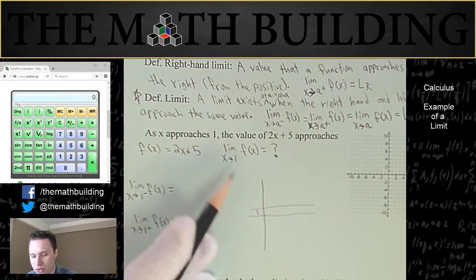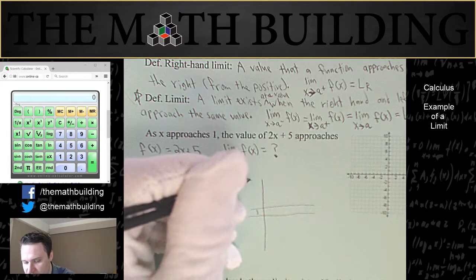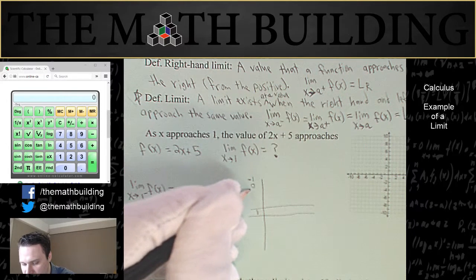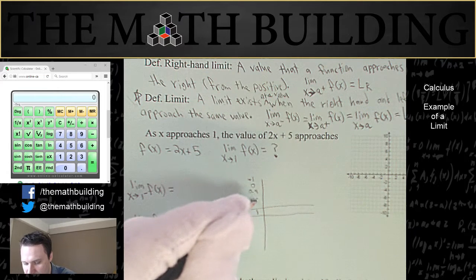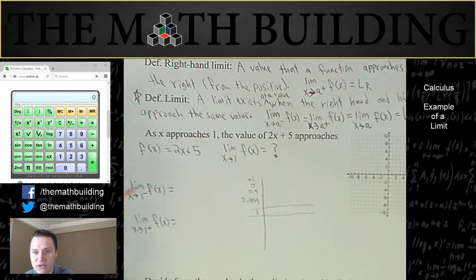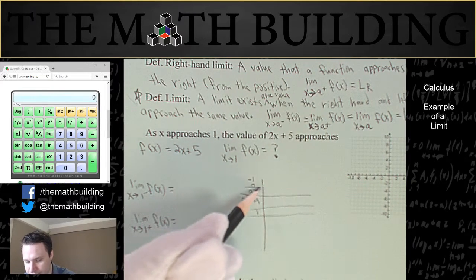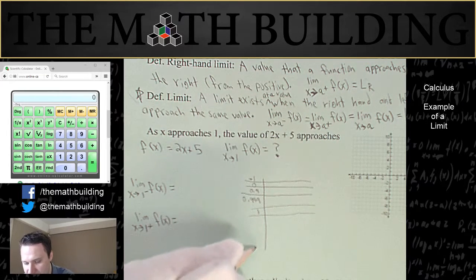We're going to approach it from the negative side. So let's start at negative 1, 0, 0.9, and 0.999. We're going to calculate those values of our function. And then on this side, we're going to start, let's say, at 2.